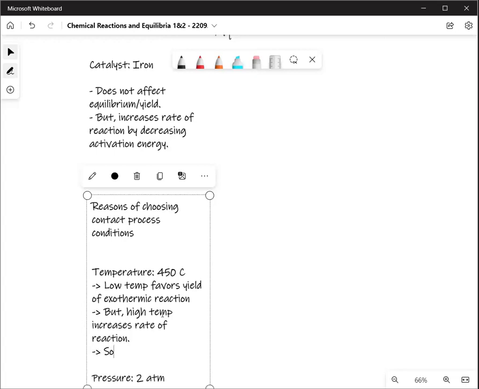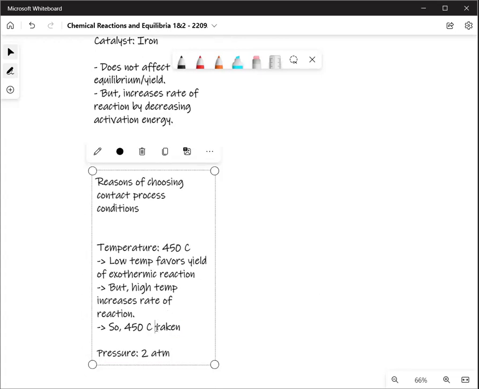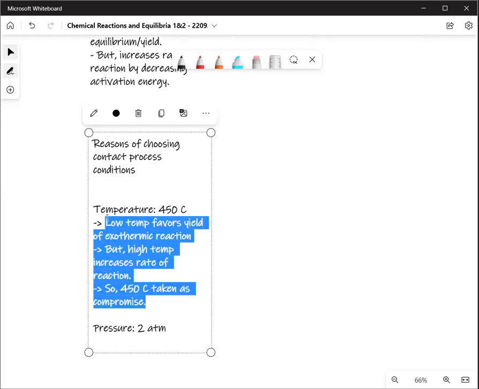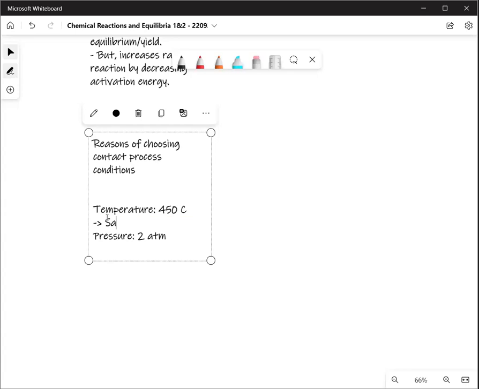So 450 C is taken as a compromise. Same thing for both. Next, pressure. You don't have to write this, just say same reason as for the Haber process.